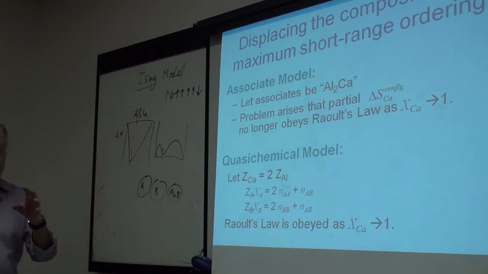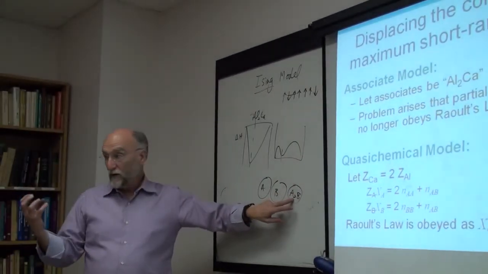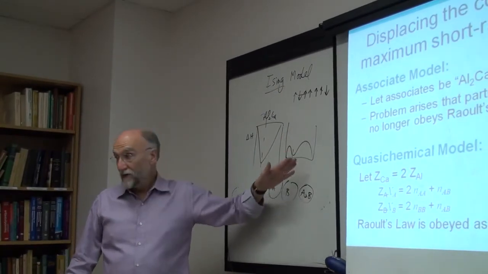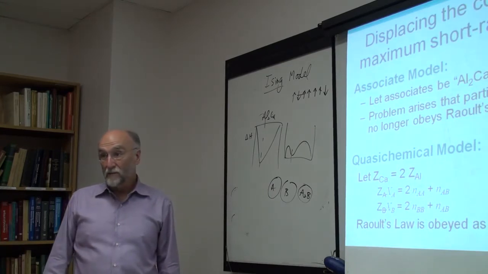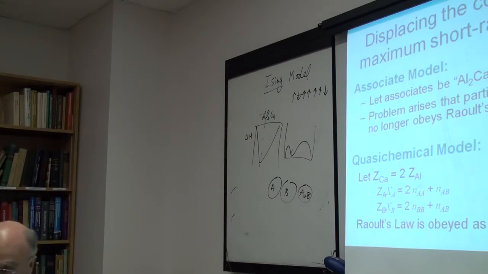Every aluminum is going in as an independent particle. But now, if this is very strong, two aluminums are doubling up to form Al2. So you only get half the entropy, and so only half the limiting slope of your liquidus. Your limiting thermodynamics doesn't obey Raoult's law properly. That's the problem. Maybe not too big a problem, but it's a problem.